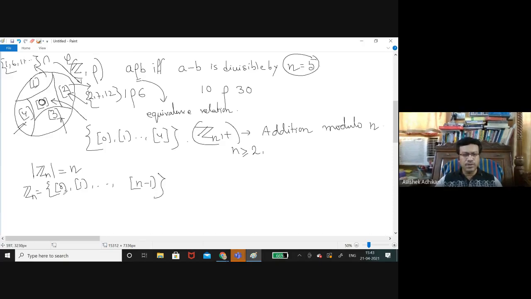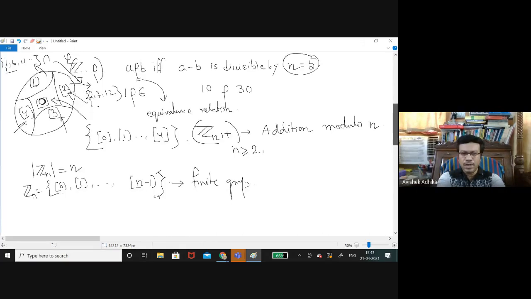So starting from 0, it goes up to n minus 1. As a result, this is a group containing n elements. So this is an example of a finite group.